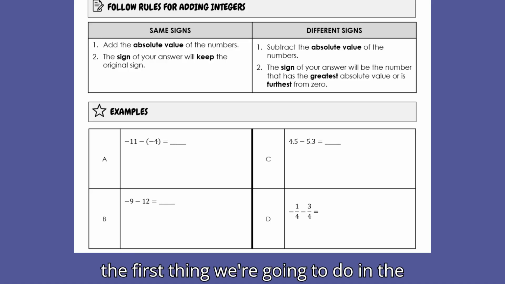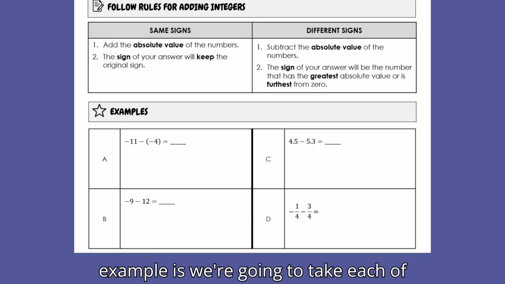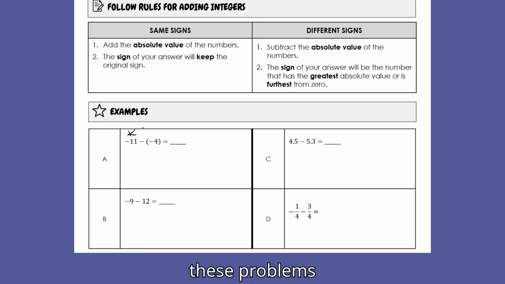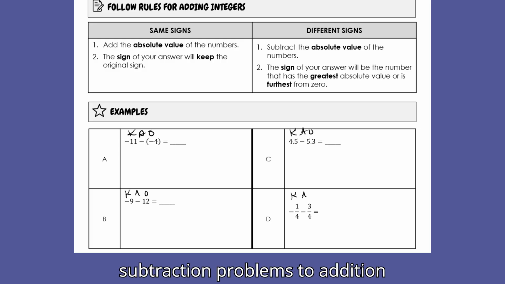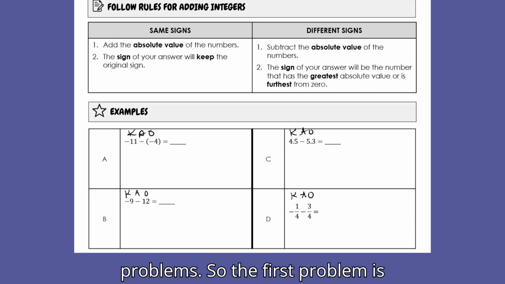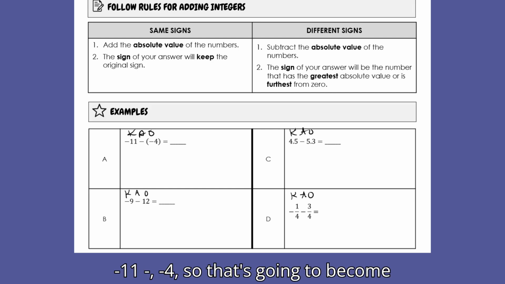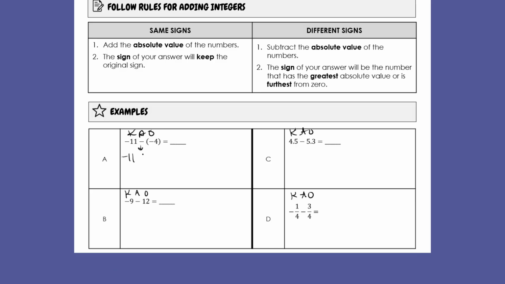So the first thing we're going to do in the example is we're going to take each of these problems and we're going to keep, add, opposite for all of them, meaning we're going to convert all of these subtraction problems to addition problems. So the first problem is negative 11 minus negative 4. So that's going to become negative 11 plus positive 4.